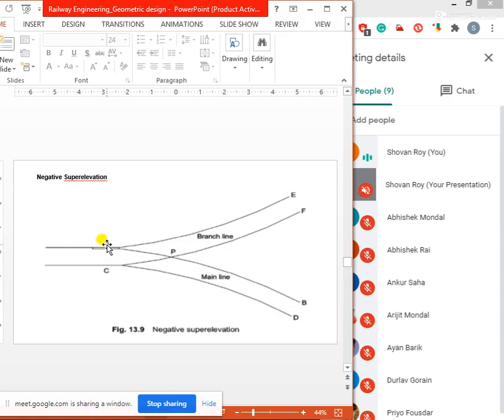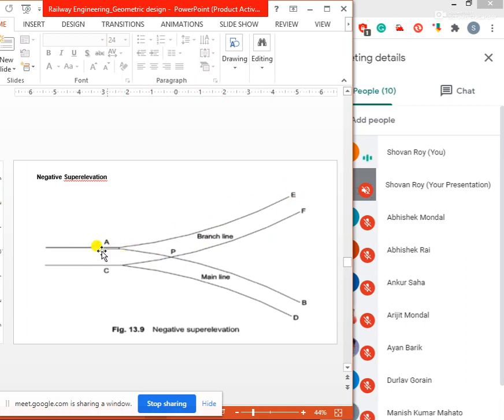So at point A the raised portion should be higher than at point C. But at the same time, when the vehicle is moving through the branch line, AE and CF, the outer track of the branch line should be higher than the inner track AE.